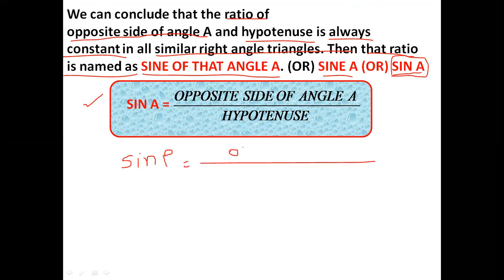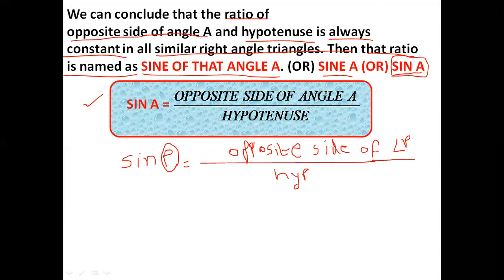The ratio of the opposite side of angle P by the hypotenuse in the denominator.